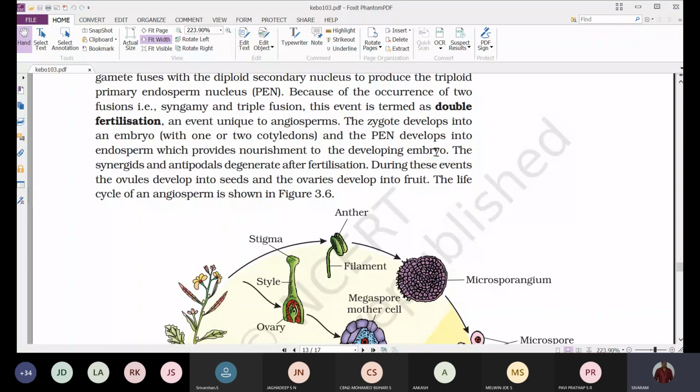The other structures left over are antipodals and synergids. After fertilization, they disintegrate or degenerate. They have no role further.